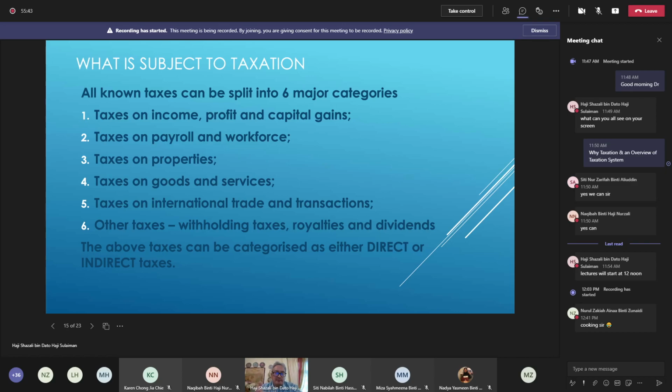So in maybe my third or fourth lecture, what I'll do is I'll combine capital gains for both companies and individuals together, so that you can see the difference in terms of how it is calculated for individuals and how it's calculated for companies. Yeah? So rather than two separate lectures, I'll put it as one, as a combination, so that you can see the comparison. Okay. Taxation on payroll and workforce is normal personal income tax.